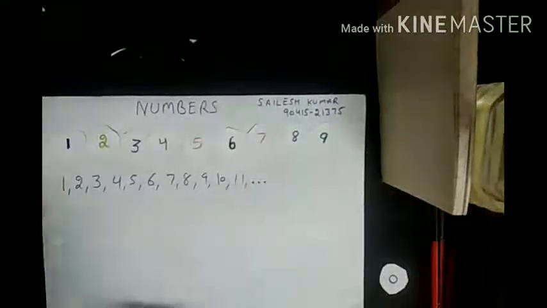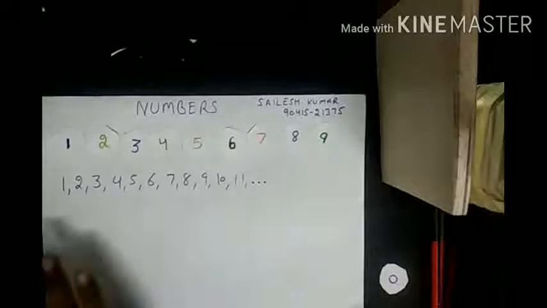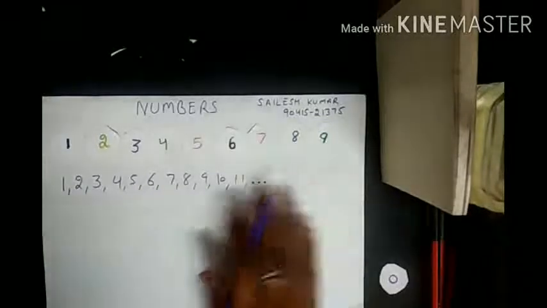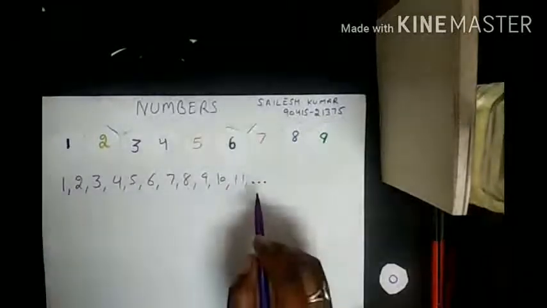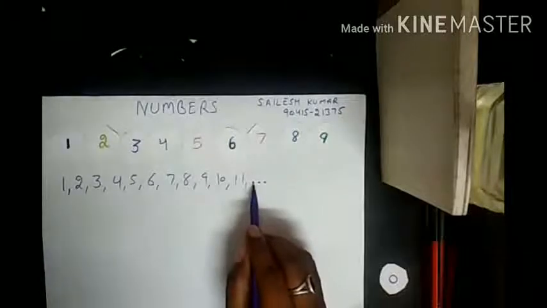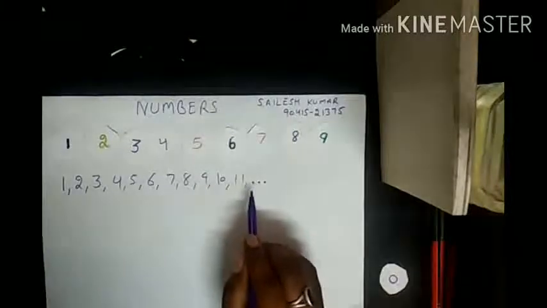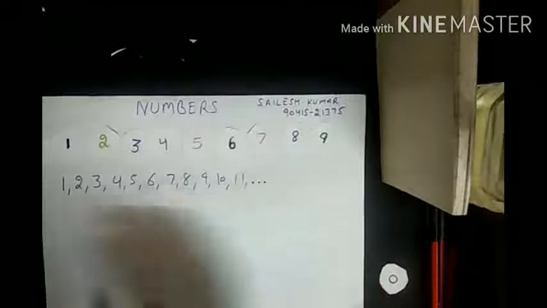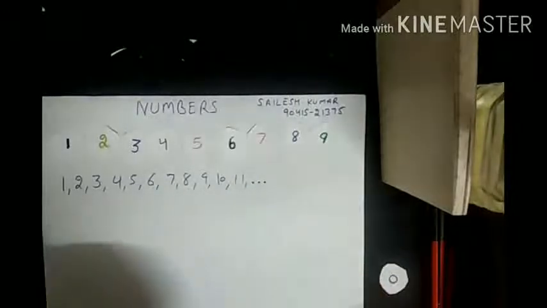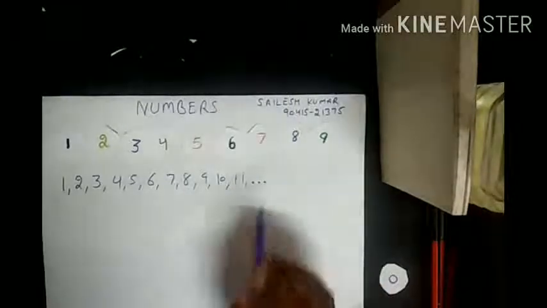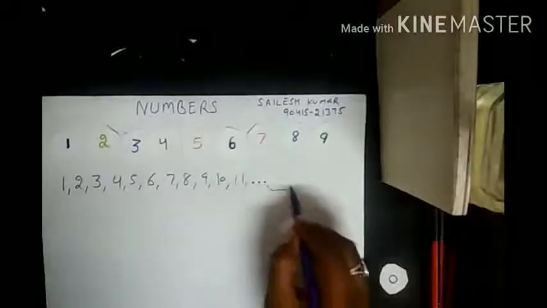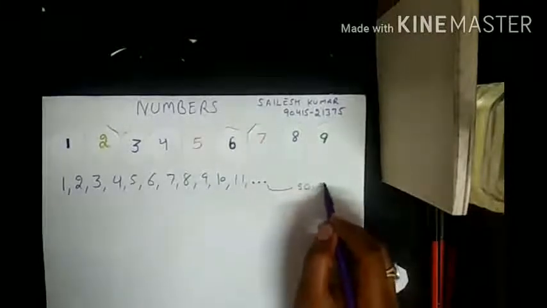It means that I am writing all the numbers in a continuing manner. These three dots show that the process is going on and has not stopped. The meaning of these three dots is 'and so on'.